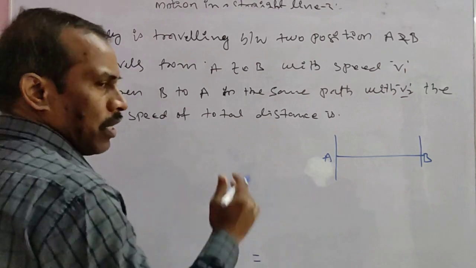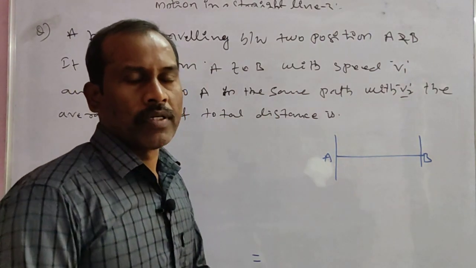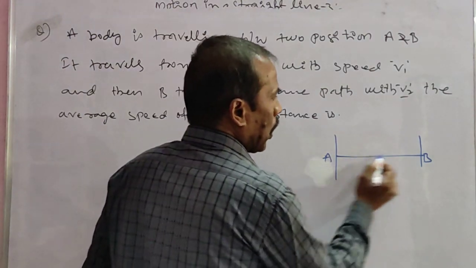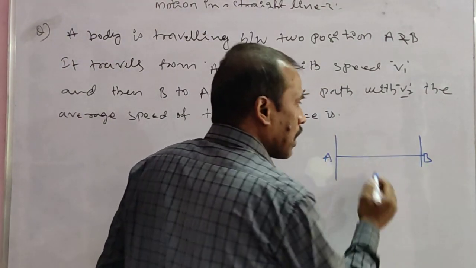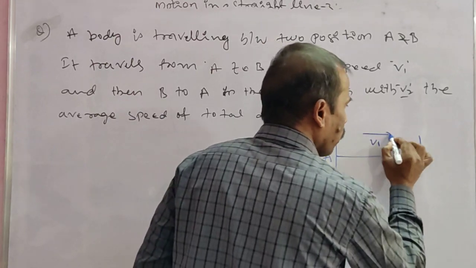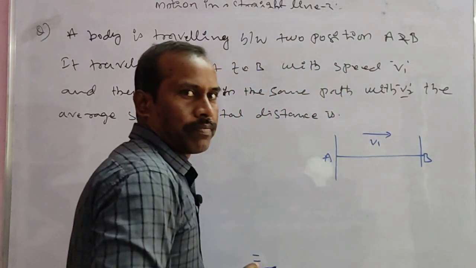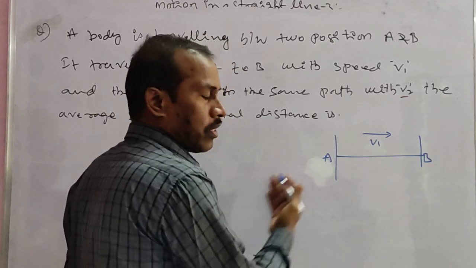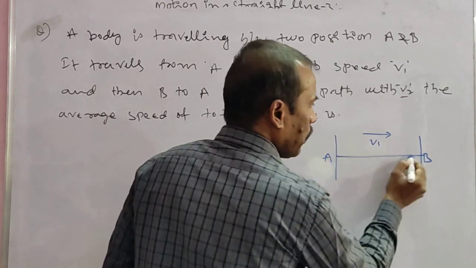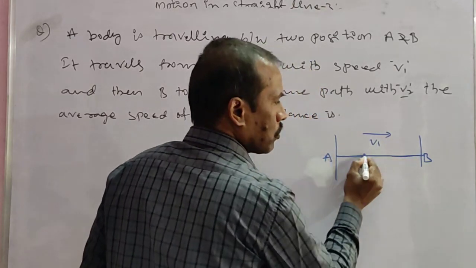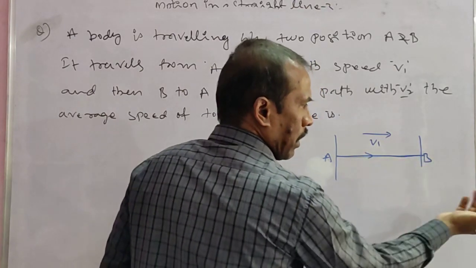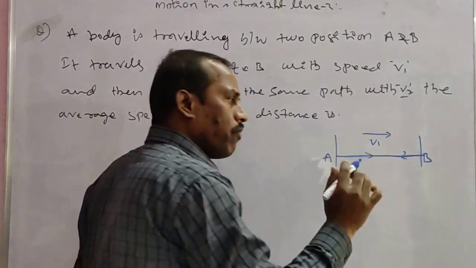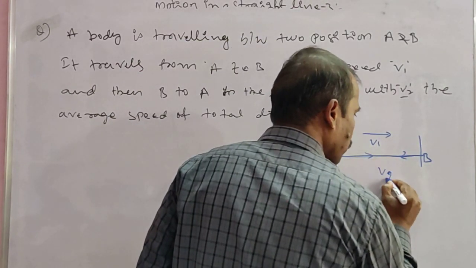Very simple, same problem, previous concept. The particle moves from A to B with velocity V1, for example in the forward direction. Next, B to A in the same path with speed V2.